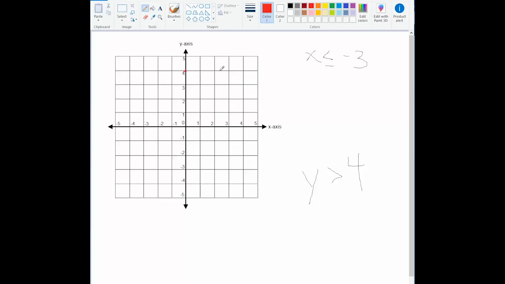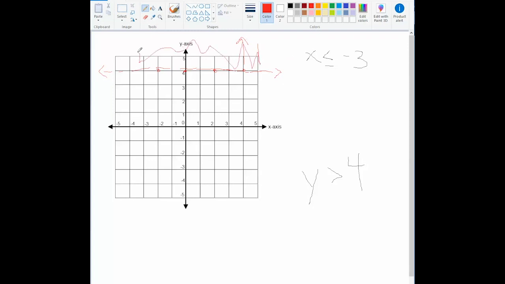When y is 4, there are also other points where y is 4. It's just the x value changes. But unlike the others, we would use a dashed line because this one doesn't say or equal to. And it says greater than. Where would you shade if it was greater than? Well, that's going to be above the line, right?